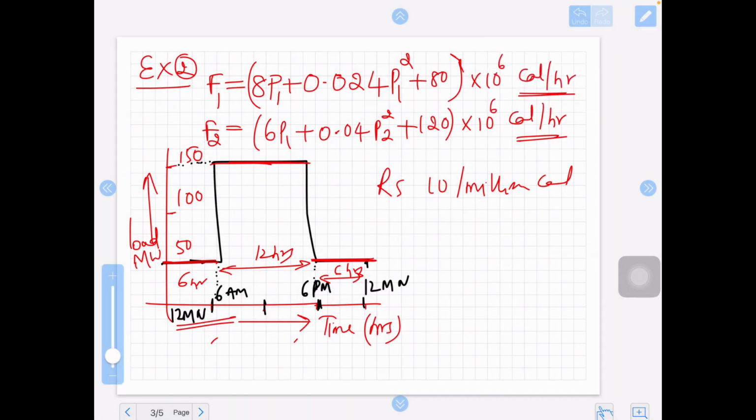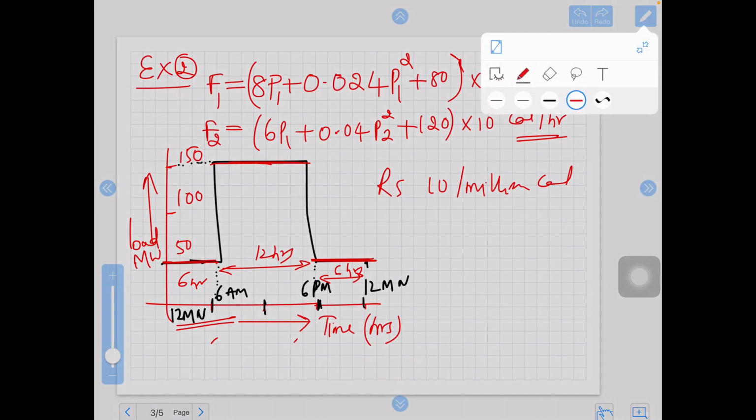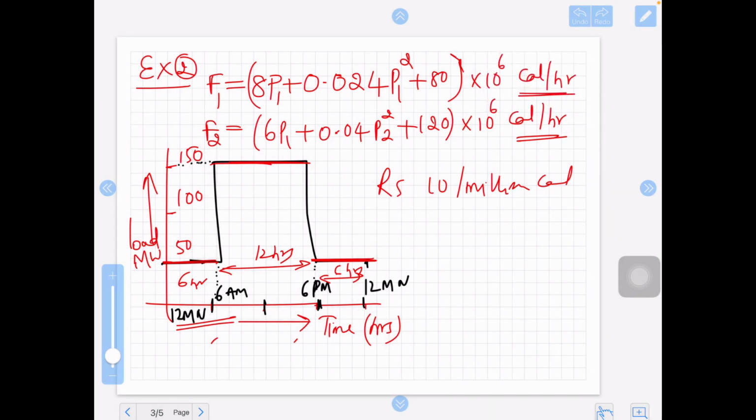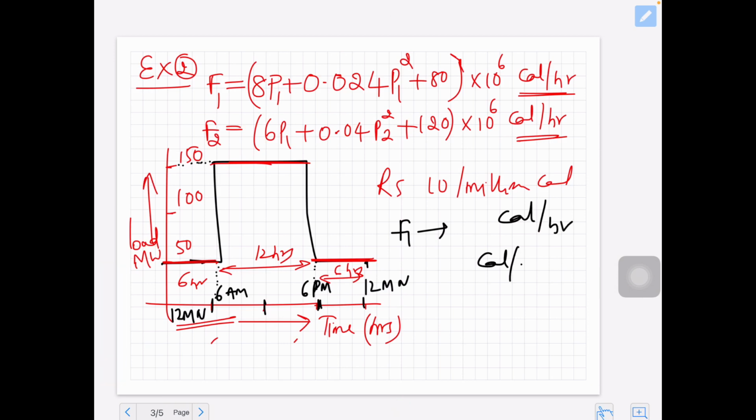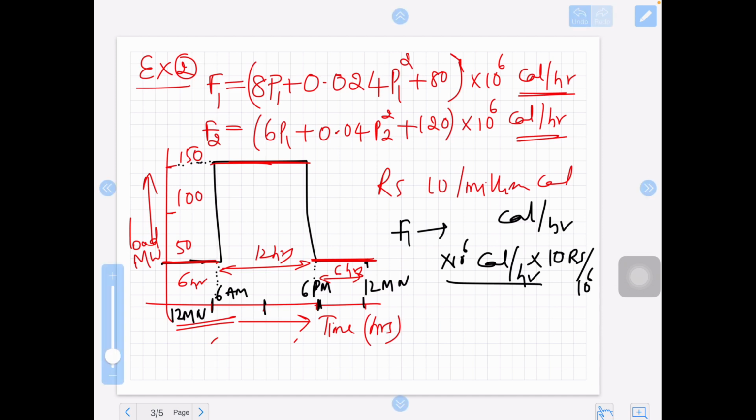We are considering that in the F1 equation. Here the F1 equation is in calories per hour. If you multiply calories per hour with 10 rupees per million calories, actually this is 10 to the power of 6 calories per hour, rupees 10 per million calories, so the 10 to the power of 6 get cancelled.